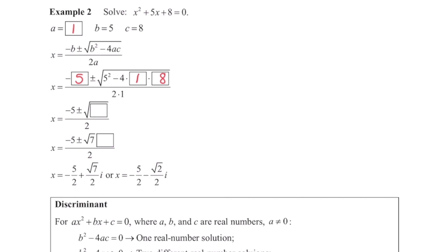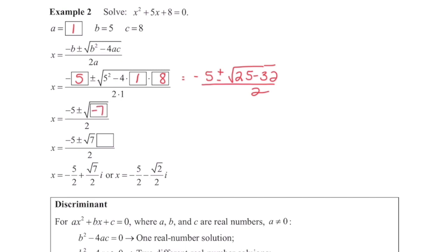This then provides us with negative 5 plus or minus the square root of 25 minus 32, all over 2. And when I take 25 and subtract 32, we have negative 7.